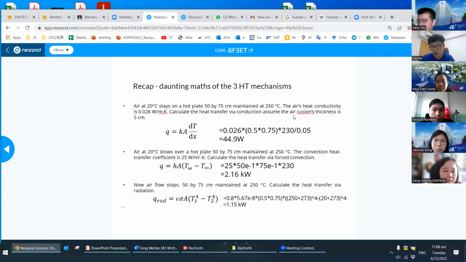So I won't go into details. I just want you to notice the difference in the order of magnitude. If you rely on thermal conductivity, it gives you something less than 50 watts, which is basically the same as me sleeping. When I'm sleeping, I have the lowest power generation, less than 50 watts.